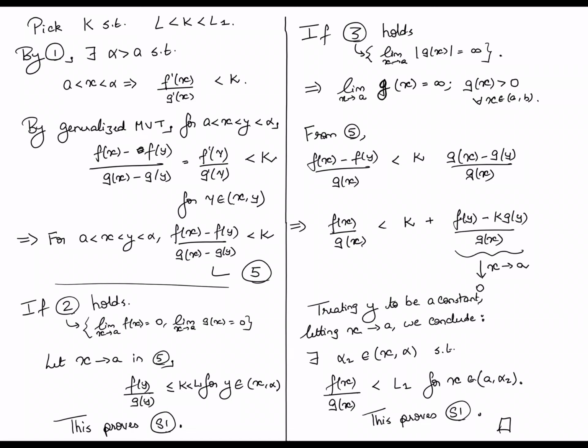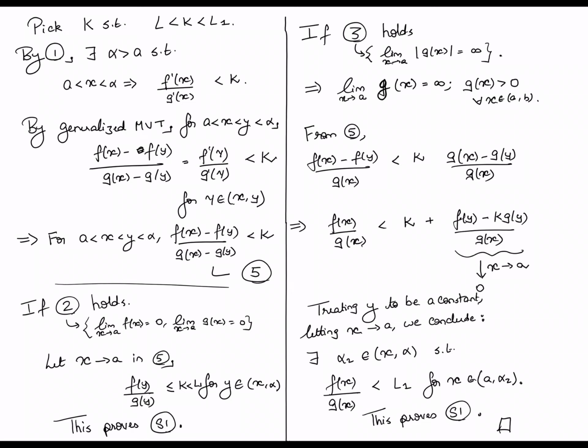Okay, so if you think about it, there are a lot of cases to be discarded and considered carefully, but the main crux of the argument is basically inequality 5. And inequality 5 in fact follows from an application of the generalized mean value theorem.